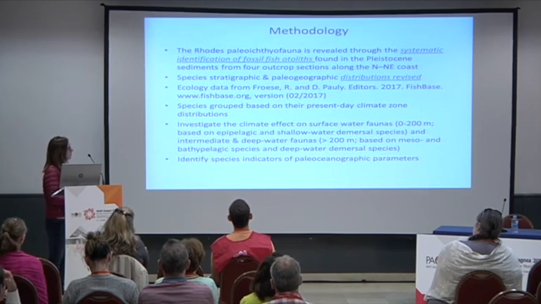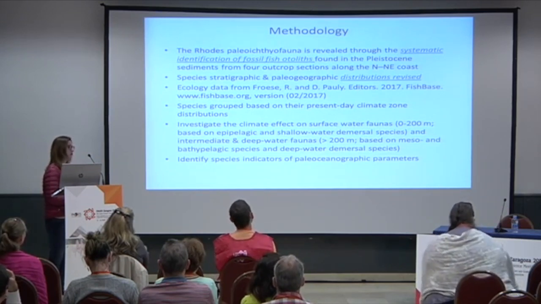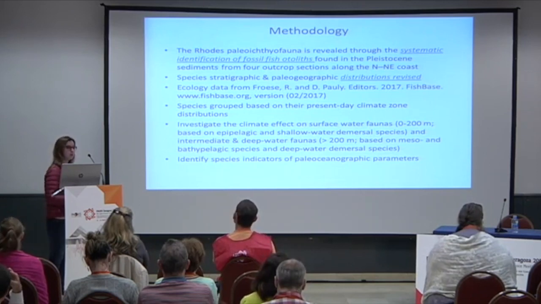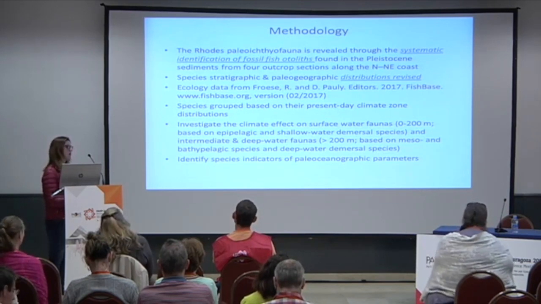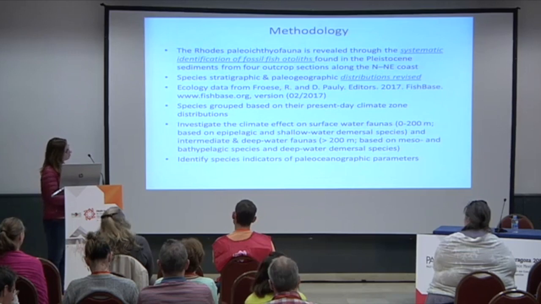Then we separated the species using the 200-meter depth boundary, which is essentially the aphotic zone. It's also the boundary between surface water and intermediate water in the Mediterranean, to see how the different groups, the tropical, subtropical, temperate, and subpolar species that we identified, were distributed, and how this changed through time between the surface and the intermediate waters.